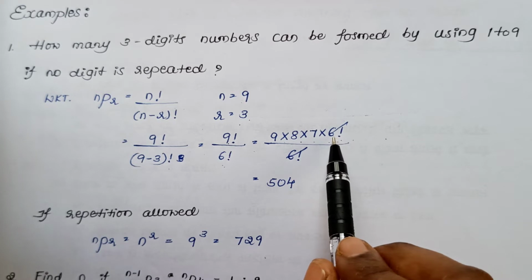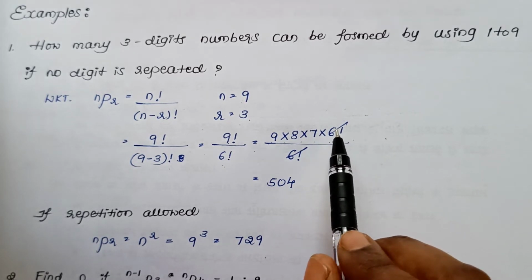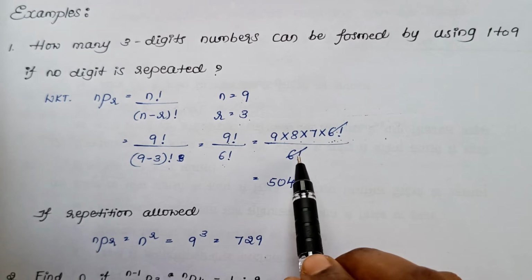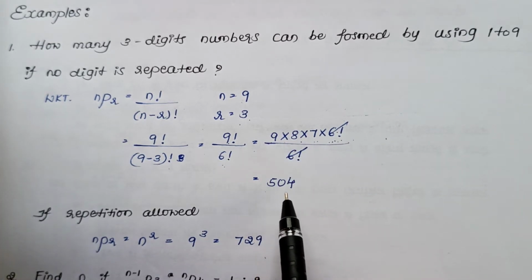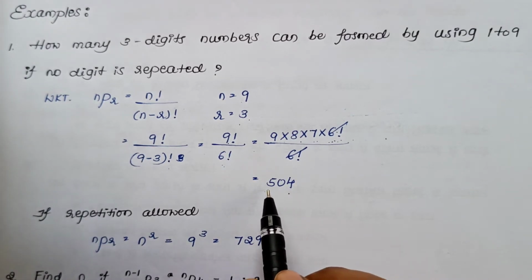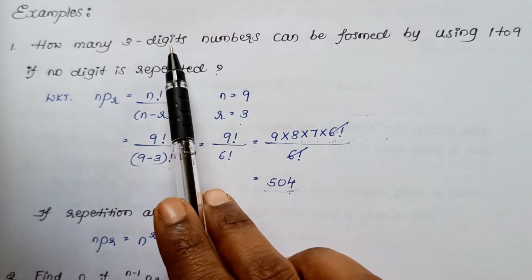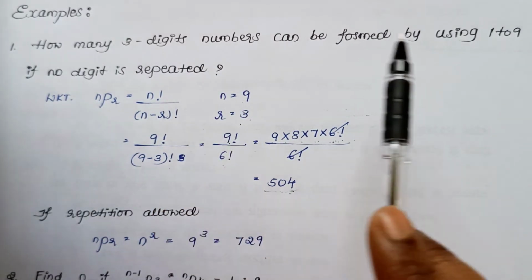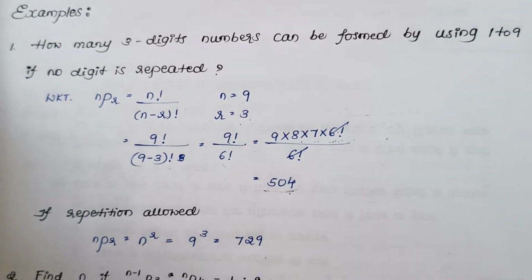So I have not expanded from here. So 6 factorial and 6 factorial get cancelled. So 9 into 8 into 7 is 504. Therefore, 504 3 digit numbers can be formed by using 1 to 9 digits.